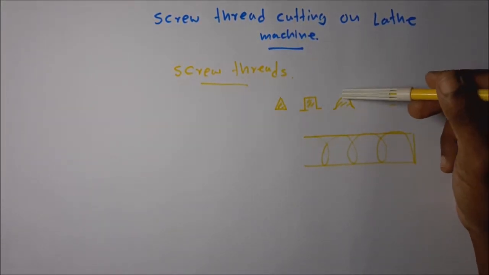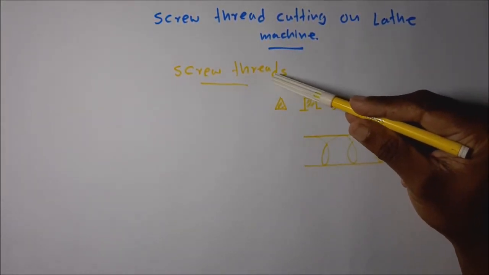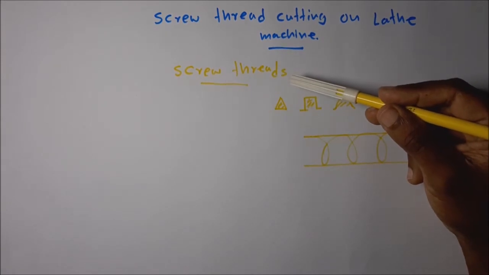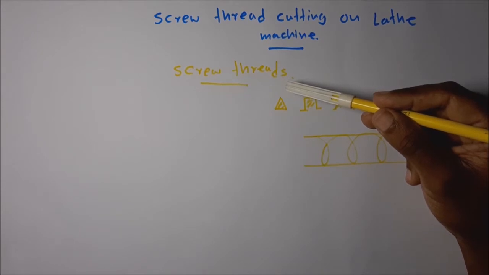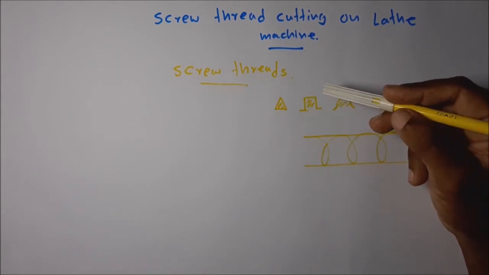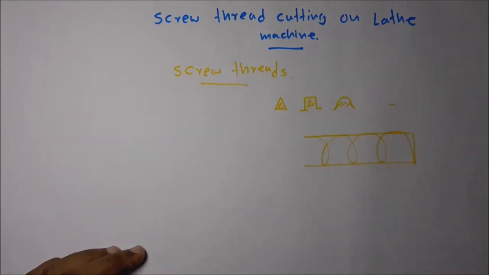These screws are mostly used as a temporary fastening method, as you can see in nuts and bolts, to assemble components. They are also used to convert rotary motion to linear motion.